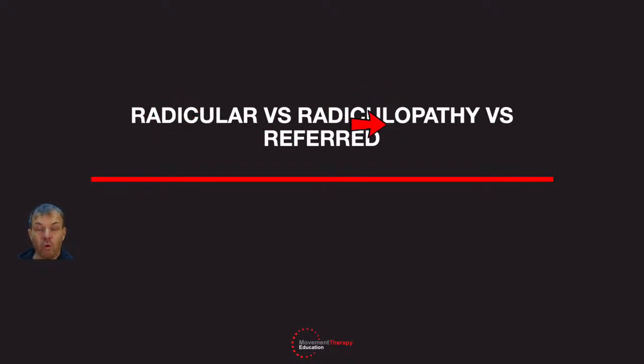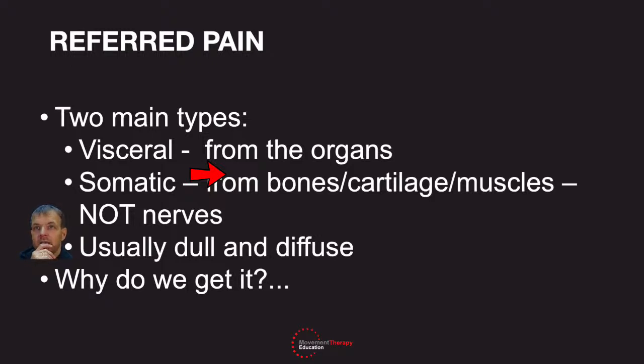Is it a radiculopathy, or is it referred? Okay, and we don't know until we do the testing of it and listen to the case history to see what's going on.